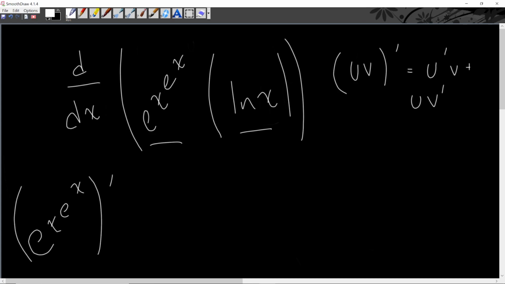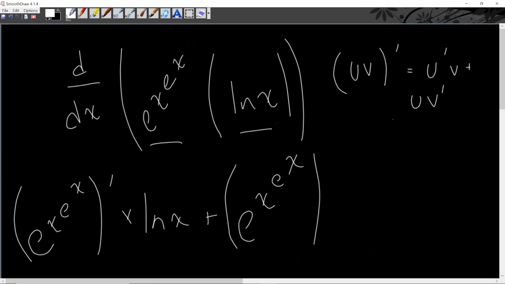I'm going to switch between the derivative with respect to x and prime notation, because you know what both mean. So, times ln x, which is going to be our v, plus e to the power of x to the power of e to the power of x times the derivative of ln x, and that's going to be 1 over x.